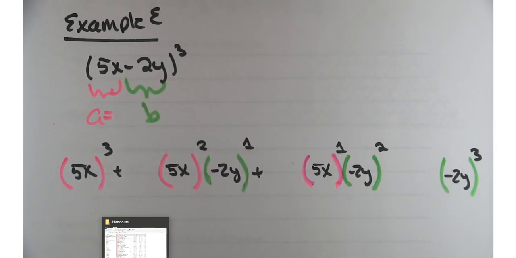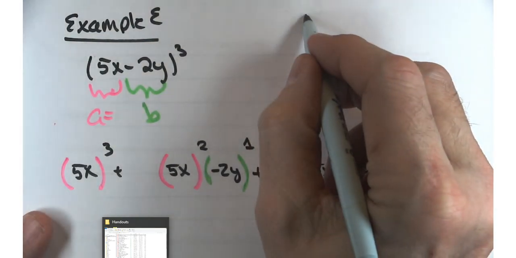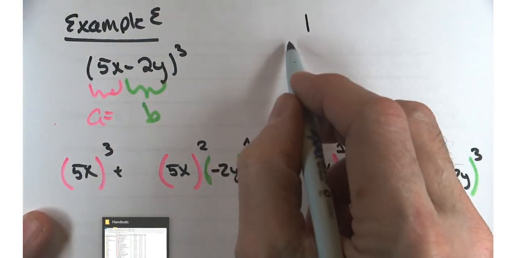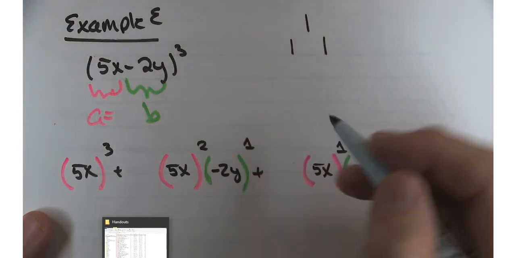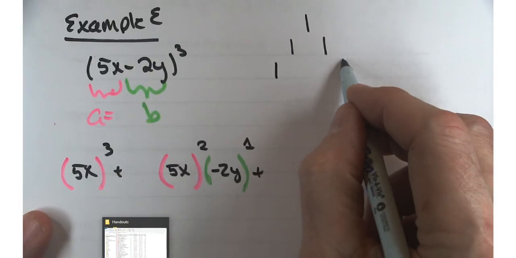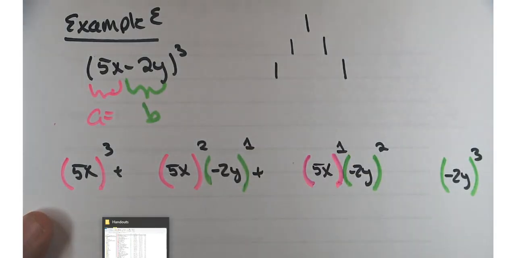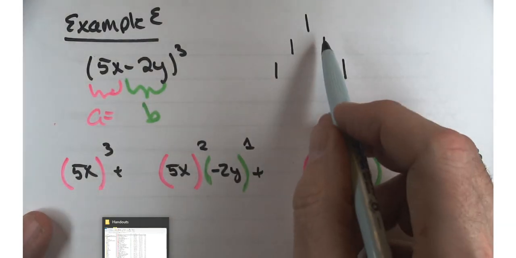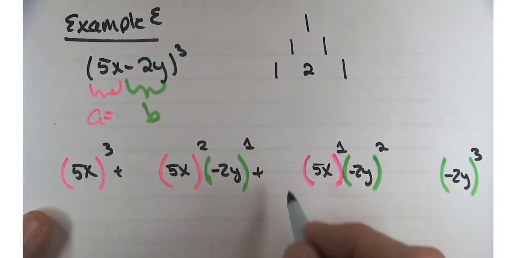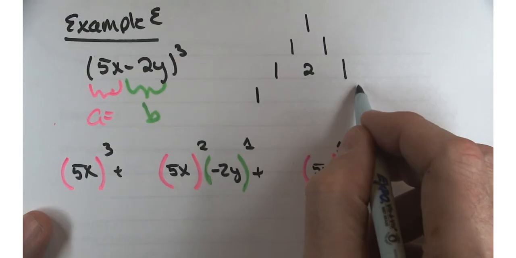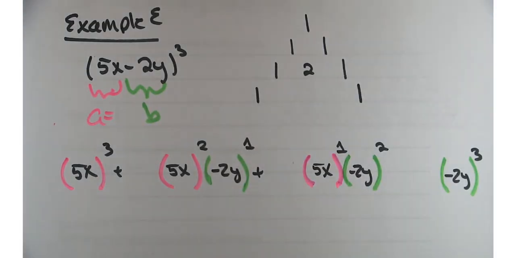There's one more thing I need to do, and I need to put in the elements of Pascal's triangle. Now, just for fun, let's start out and do our own Pascal's triangle. You're going to start out with a 1, then a 1 and a 1. Now each time you go to a new level, you add 1s on the outside. But what's going to come in between here in the middle? 2. Add a 1 on the outside and put in the middle terms now.